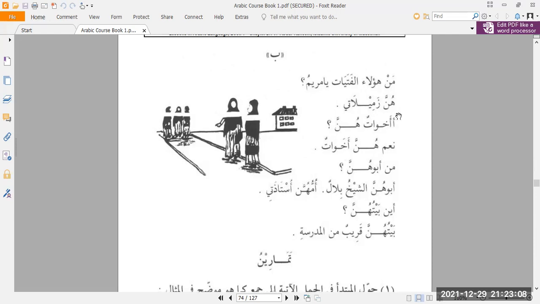The reply from Maryam is hunna zamilati. Hunna is the pronoun we did in the Arabic pronouns book. We did all 14 pronouns and possessive pronouns: huwa, huma, hum, hiya, huma, hunna, third person plural feminine.